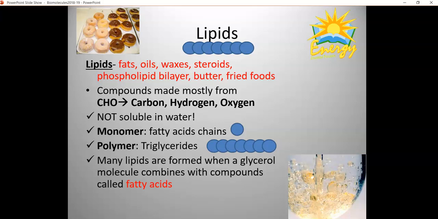All right, our second biomolecule that we're going to talk about today is lipids, also known as fats. So make sure you put that there. Lipids or fats. Fats are oils, waxes, steroids, your phospholipid bilayer, which is found in every cell membrane of every living organism. Butter, fried foods.